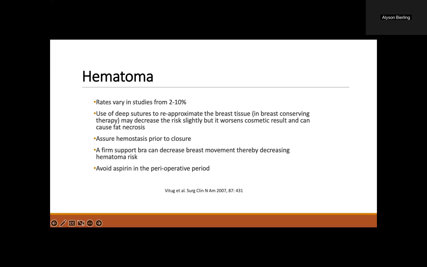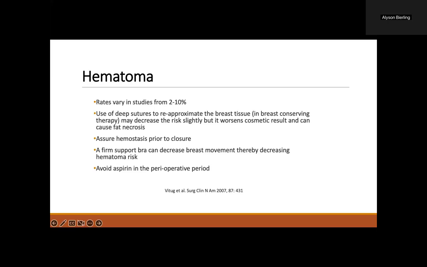Hematomas. These can be very difficult to deal with because as surgeons, unfortunately, we've learned that when you get a hematoma within the breast, it quickly clots and becomes very thick or gel-like, and you can't aspirate these hematomas out. If they're very small hematomas, we can let them dissolve on their own, but it takes a long time.